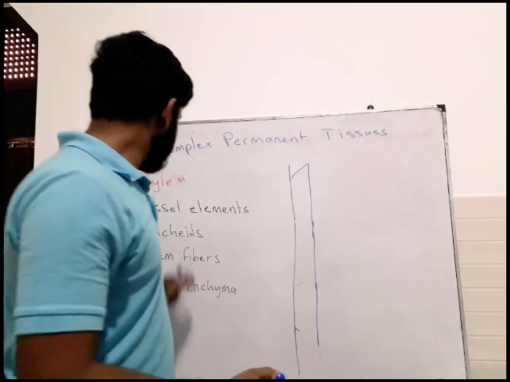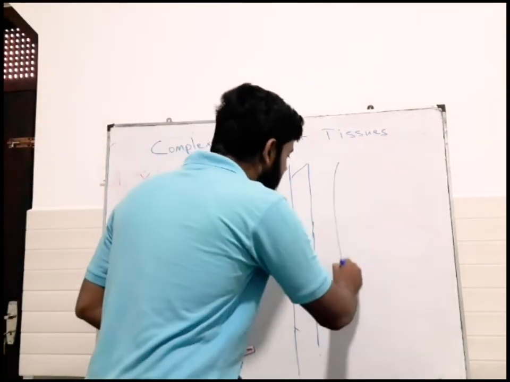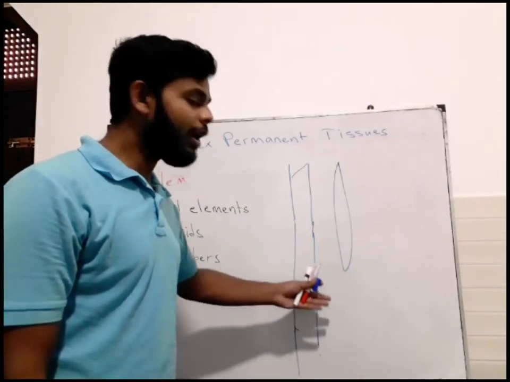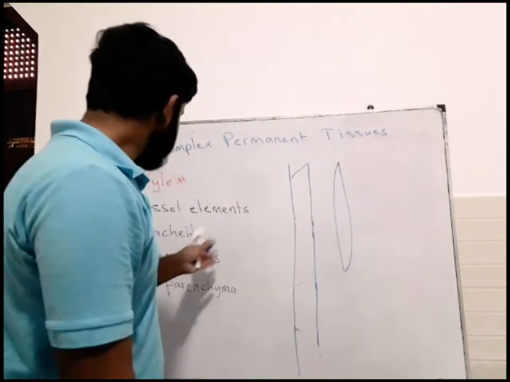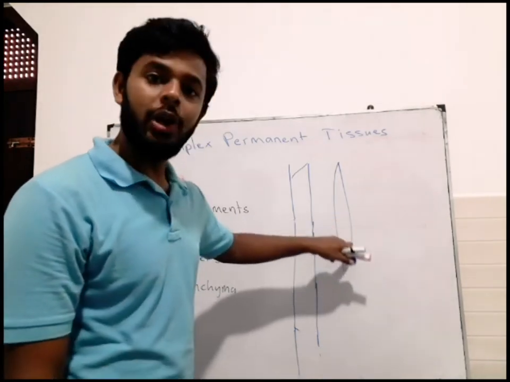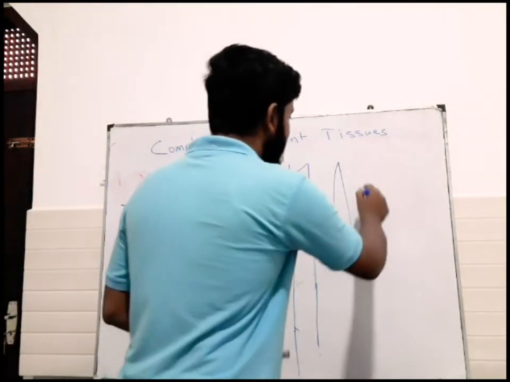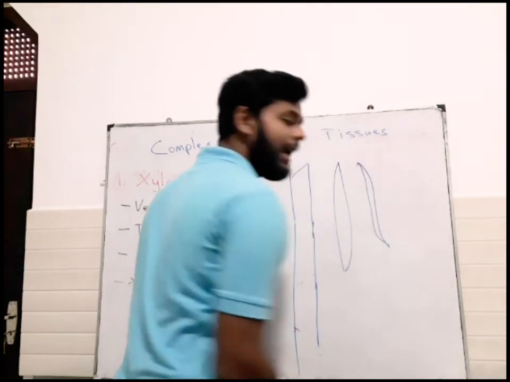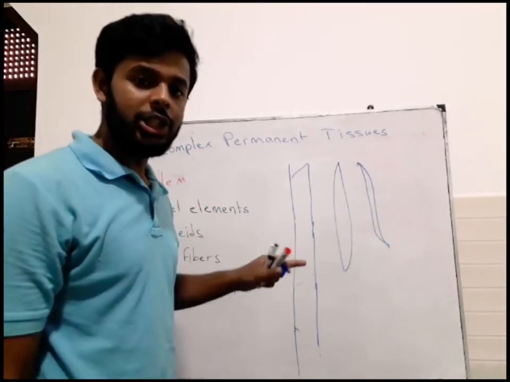And when we look at the tracheids, they are also elongated, spiral-shaped structures which are also involved in conduction of water. Then xylem fibers are shorter than tracheids. Also, they have an elongated long structure with tapering ends. They also are involved in conduction of water.